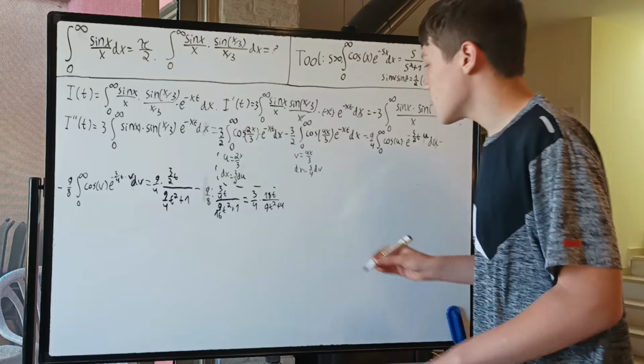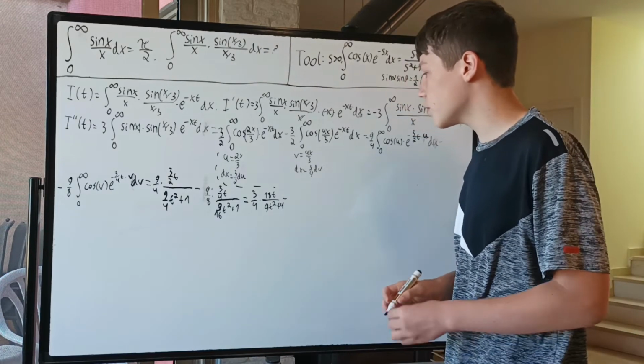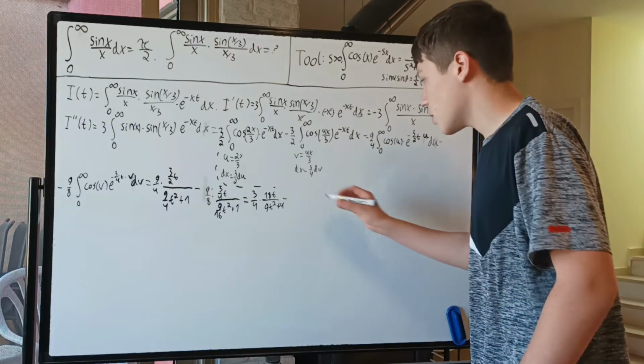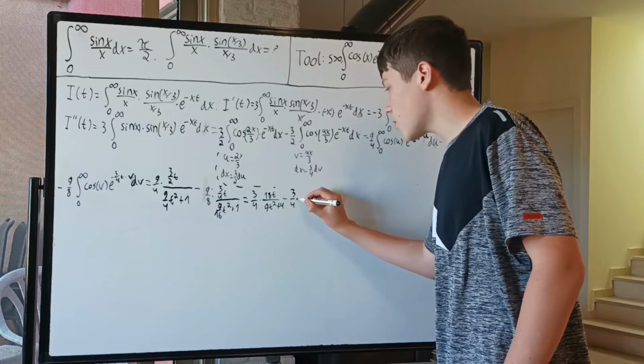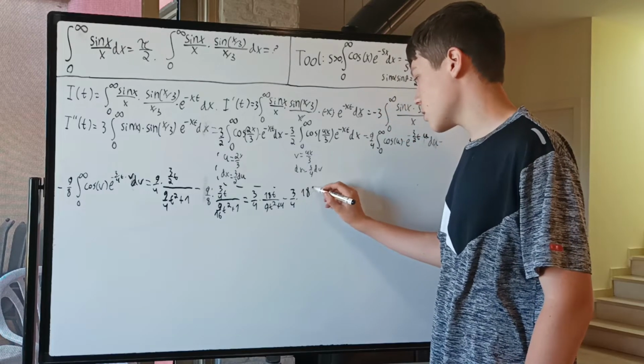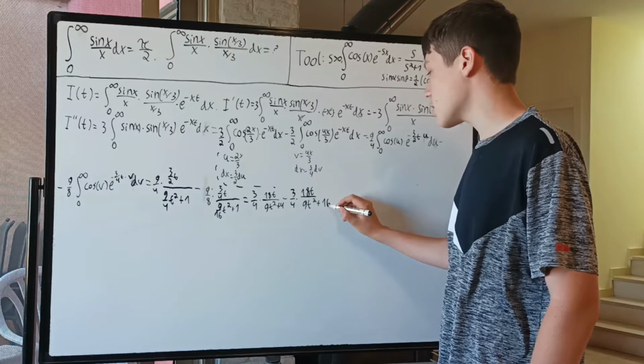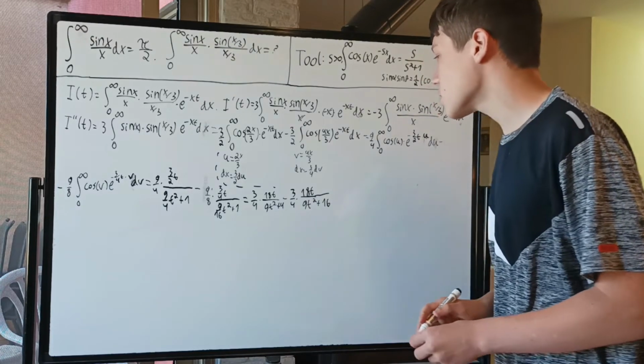Yes. And then here we're going to have the same thing, 3 over 4 times 18t divided by 9t squared plus 16.